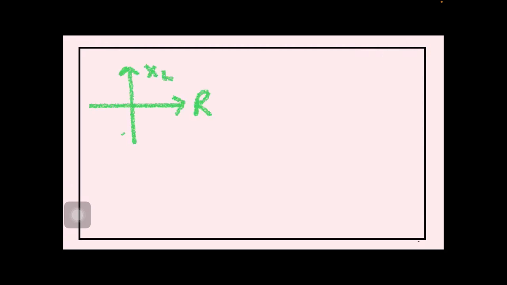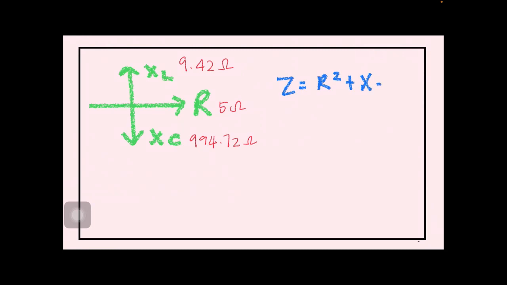Okay, so from the phasor diagram of impedance, XL 9.42, R 5 ohm, and XC 994.72. Our impedance formula for an RCL circuit is the square root of R square plus (XC minus XL) square.